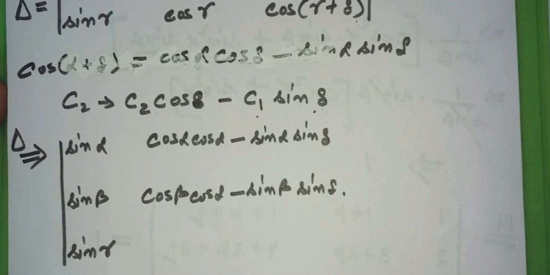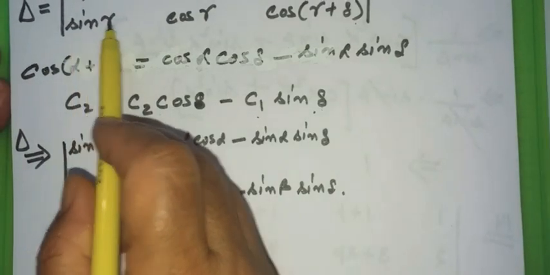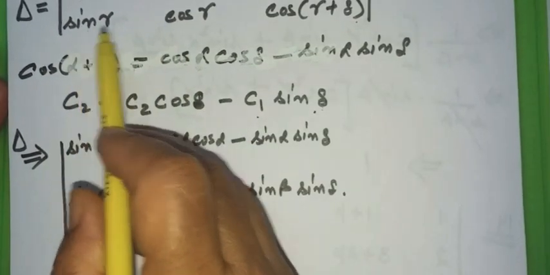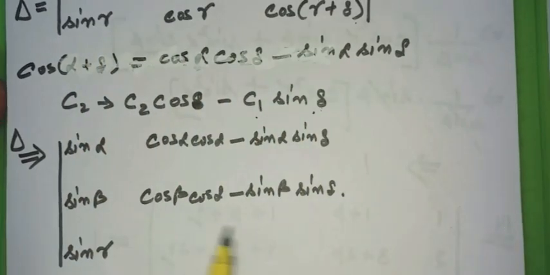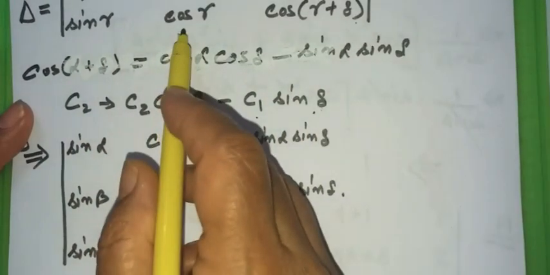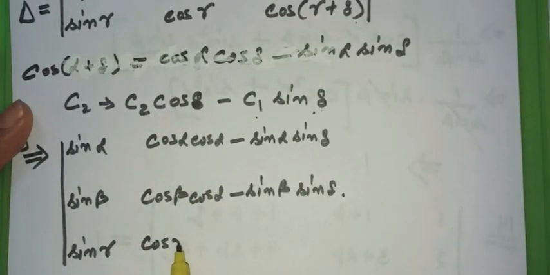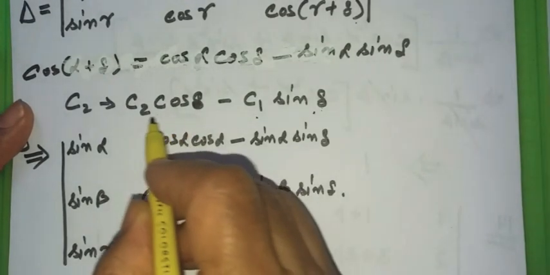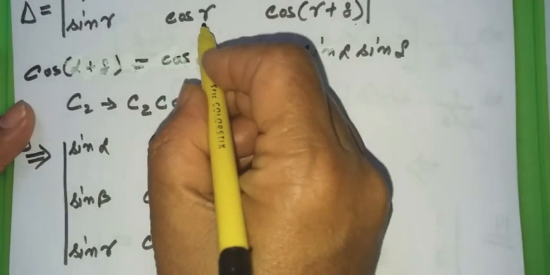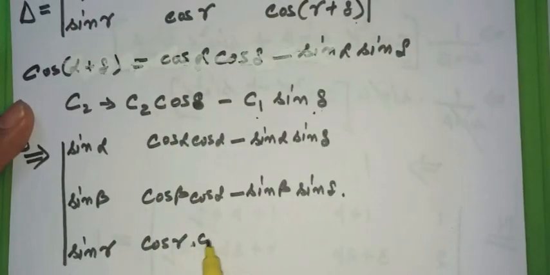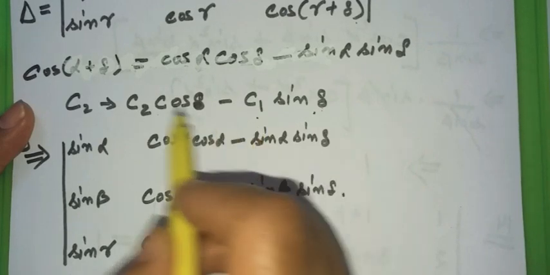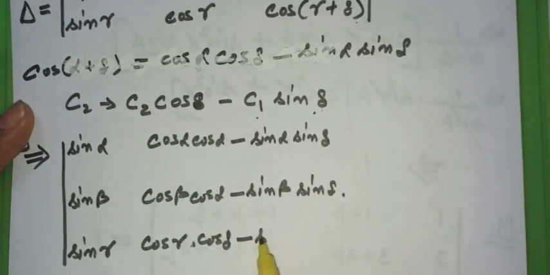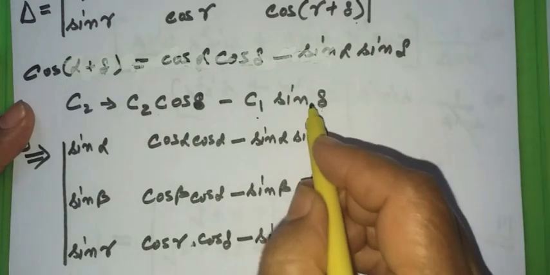Likewise I apply the same operation to the corresponding elements of C2 and C1. So I will get here cos gamma into cos delta, in place of C2 I write cos gamma cos delta, minus, in place of C1 I write sin gamma and sin delta.